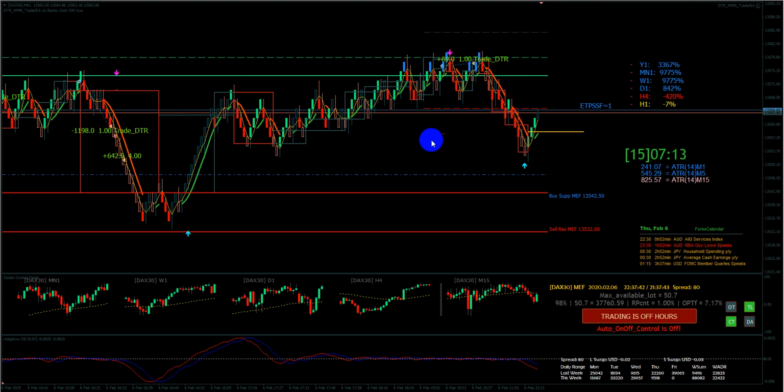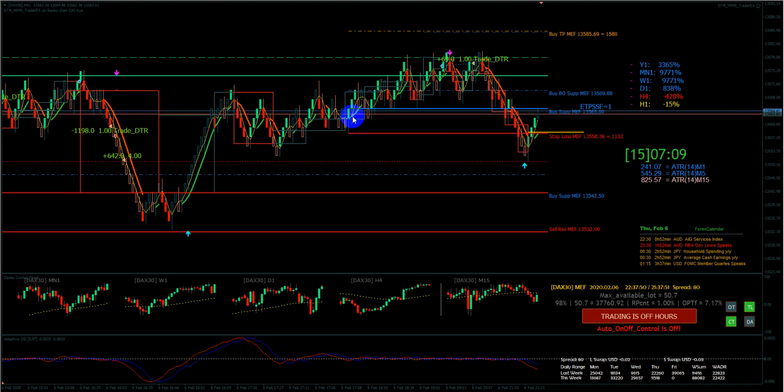Primarily, when I was figuring out the market, I clicked it right there. But since I didn't get the opportunity, the price moved away right here.